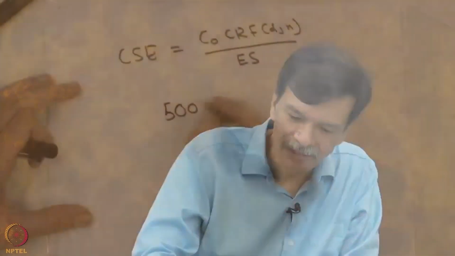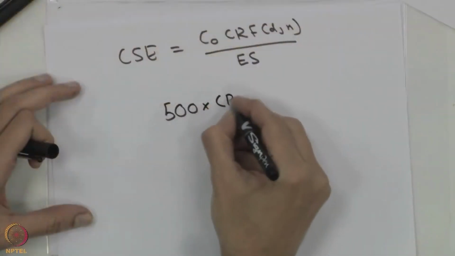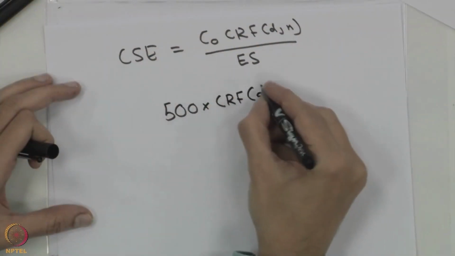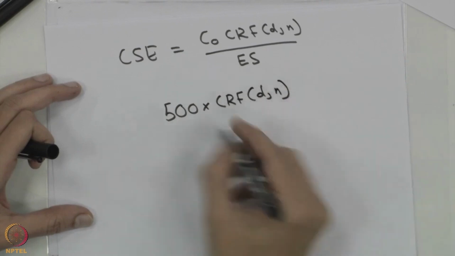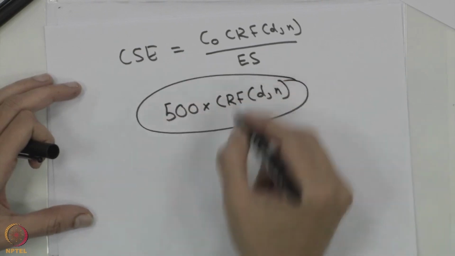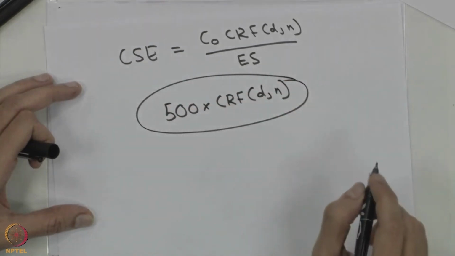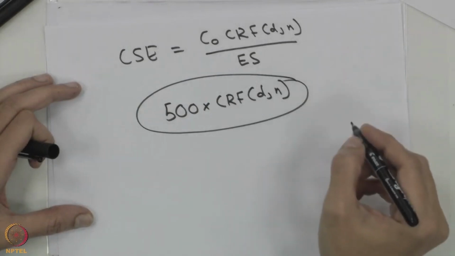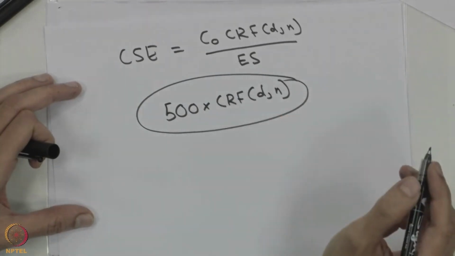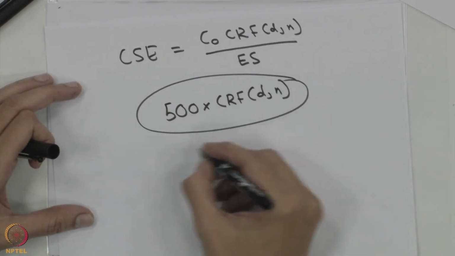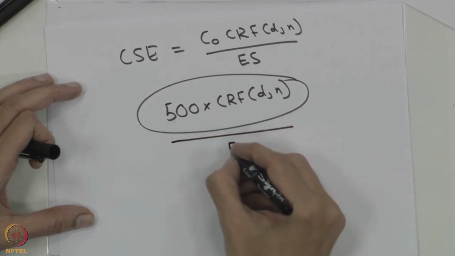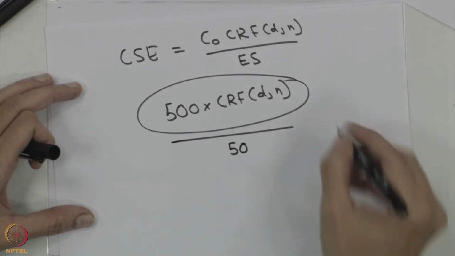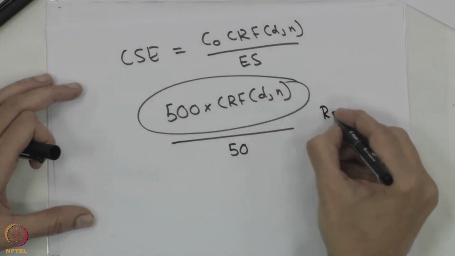So 500 into the capital recovery factor, this is the annual amount in rupees that we are paying in terms of the annualized investment. This divided by the saving, which is 50 kilowatt hour, will give you the rupees per kilowatt hour.